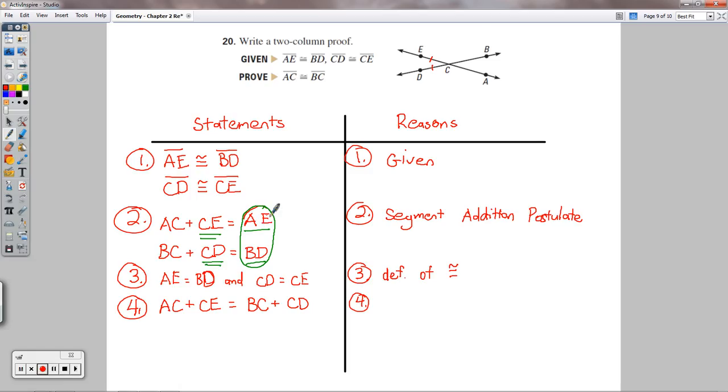I'm taking AE what it equals, I'm substituting that in its place. I'm taking BD what it equals and substituting that in its place. And I'm saying I know these two are equal to each other based on what I'm told up here and what I've proved down here, so I can say that these things are equal to each other by substitution.